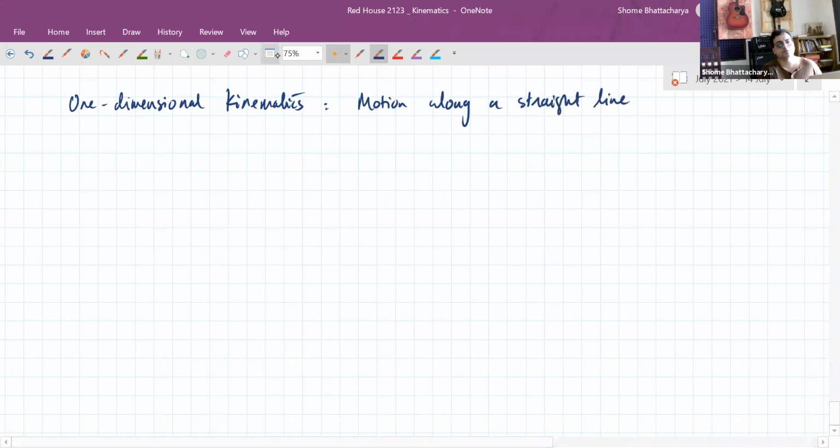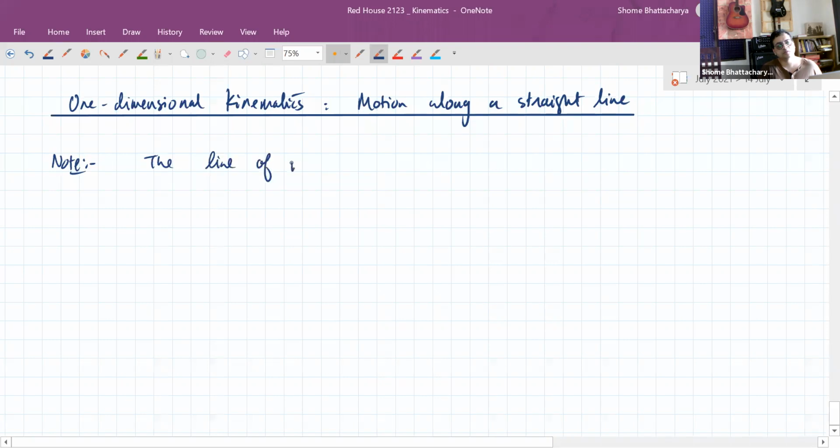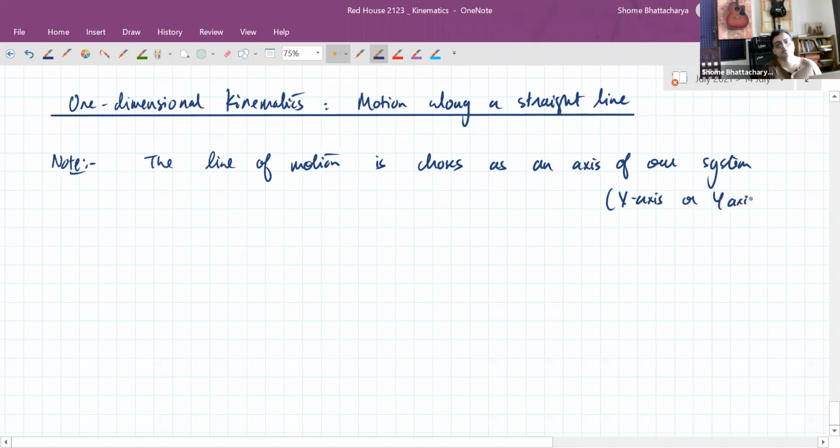If our motion is happening along a fixed line, then we can simplify all these parameters because there is only one component. So we need not use vector notation at all. The first thing we do is choose the line of motion as an axis of our system, like the x-axis or y-axis or whatever.